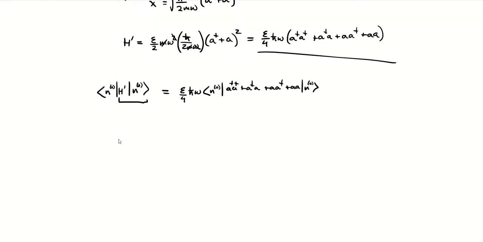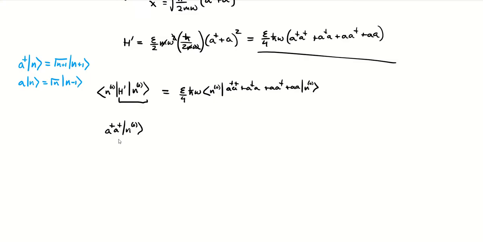Let's go through how each of these operates on n, right? Things we want to remember from when we went through this: the raising operator acting on the nth state gives us square root n plus 1 times the n plus 1 state, and the lowering operator on n gives us root n times the n minus 1 state.